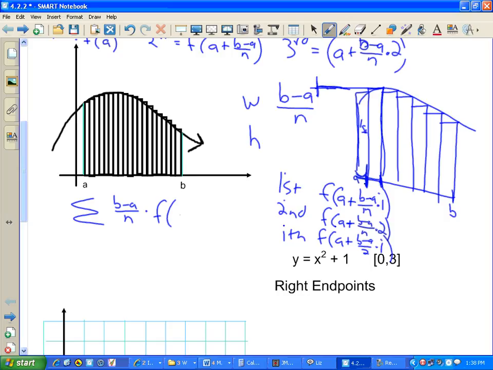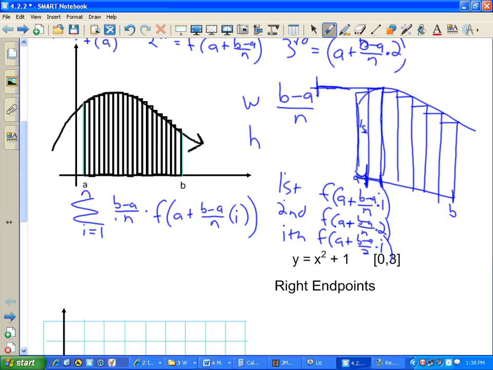So here's the height. The height is the starting value plus the width times i. Okay, the function at that value. And I want that for all of the rectangles from the first rectangle up to the last rectangle, the nth rectangle.